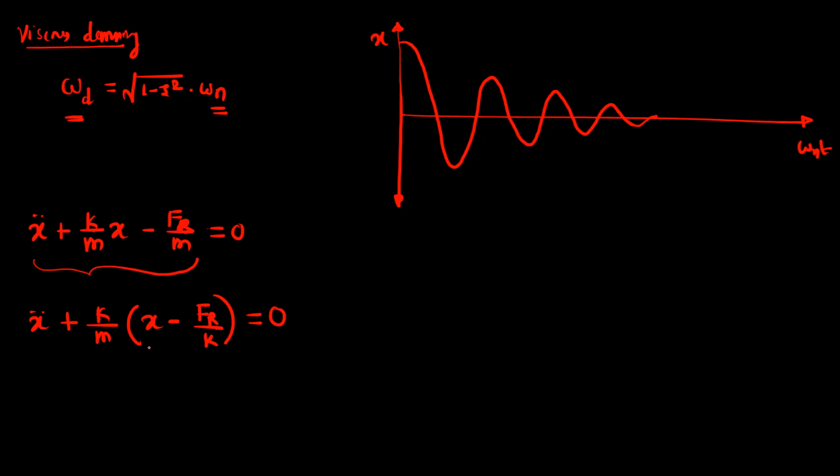Okay, now take this term as a variable. So I will take this as y, that is equal to x minus fr upon k. So assume a variable y for x minus fr upon k, and therefore y double dot, just differentiate this equation, so it will become x double dot, as fr upon k is a constant value, so its derivative will be 0.